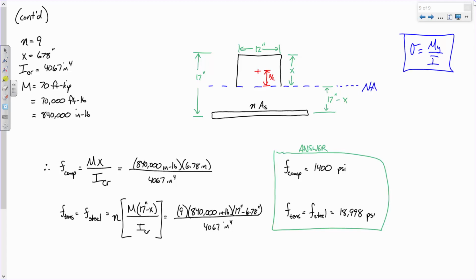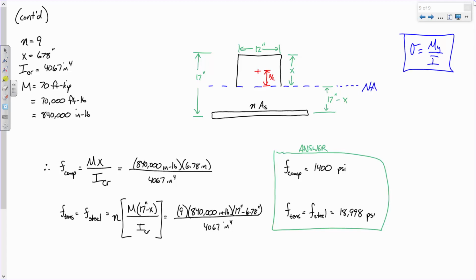Now, one other thing to remember. I've been saying before that this isn't the maximum load that a beam can experience. And I know you're like, wait a minute, the beam cracked. Isn't that it? Look at the numbers. What is the maximum compressive stress in the beam? It's 1400 PSI. But what's the maximum stress that the concrete can experience? Well, this is 3000 PSI concrete.